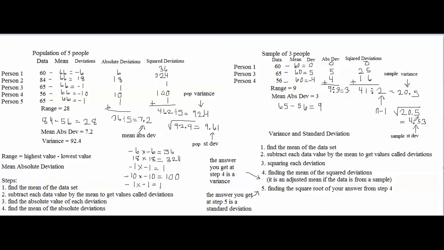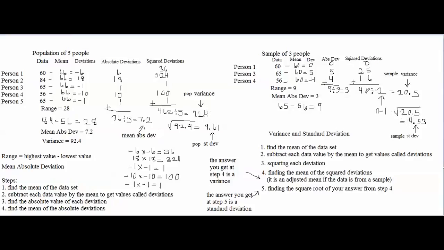It's meant to boost them up so that they're closer to what the variance and standard deviation equal for the entire population. If we didn't do this adjustment and we calculated the variance and standard deviation the same way as we did over here, these values would come out even smaller, which would mean that they would be even further below the population values.